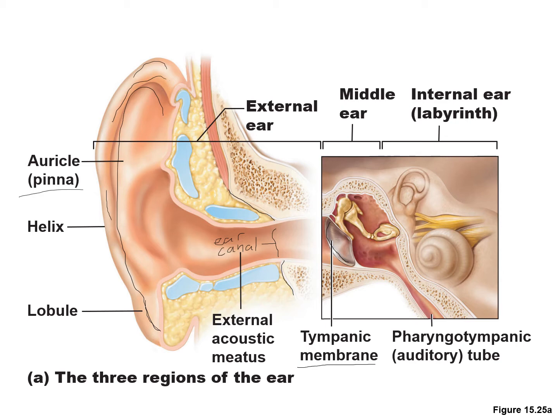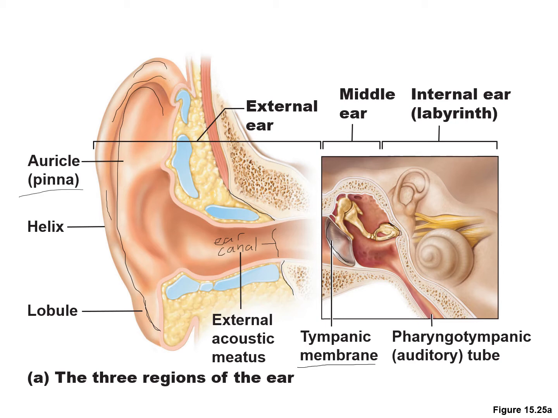The middle ear is from the tympanic membrane to the structures known as the bony wall, basically at the oval window here. This is the stapes, one of the bones of the middle ear, and it abuts a structure called the oval window.